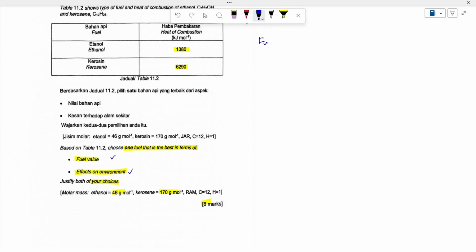The formula for fuel value is the heat of combustion divided by the molar mass.